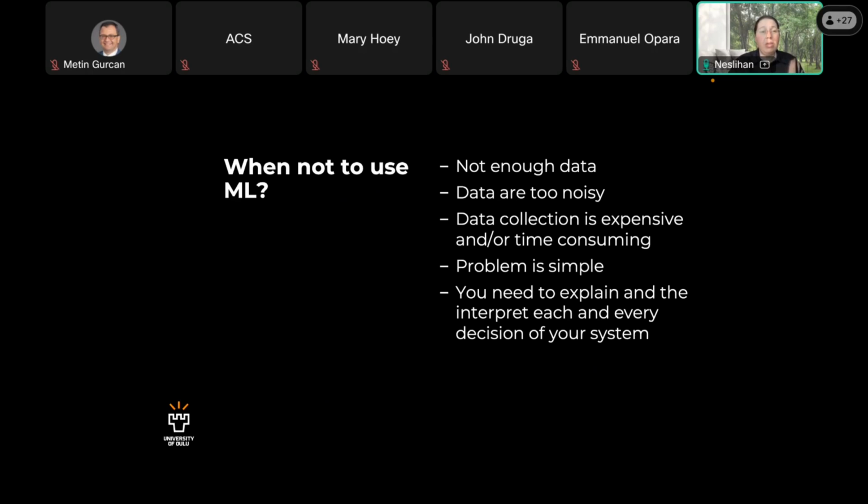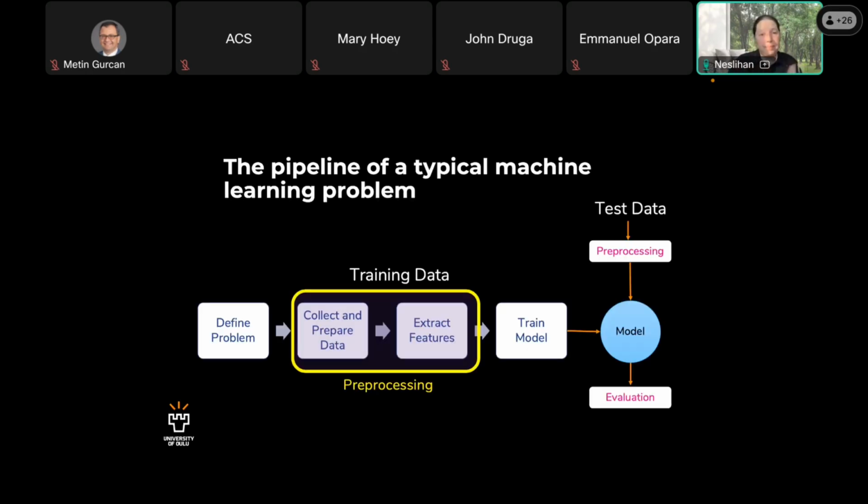Also, if data collection is very expensive and time consuming, then machine learning might not be the best choice. And finally, if you need to explain every decision, then we should consider rule-based programming, because most machine learning models are very hard to interpret and they act like black boxes.